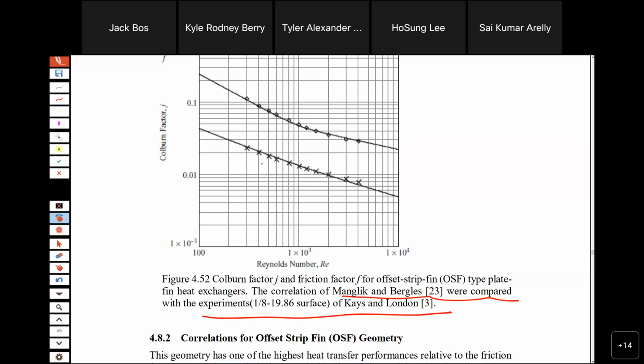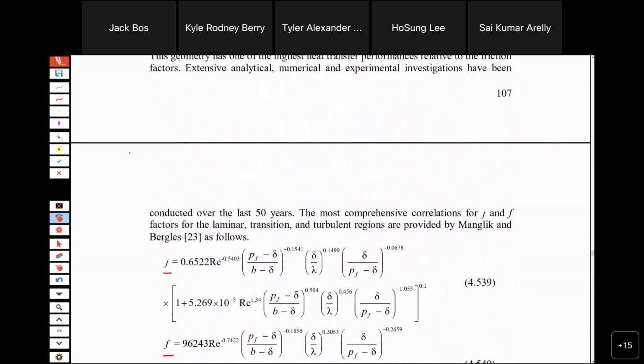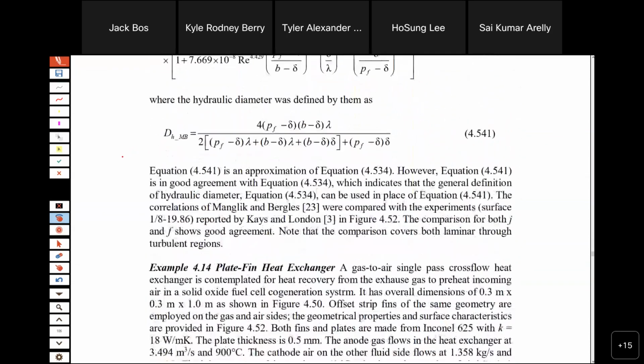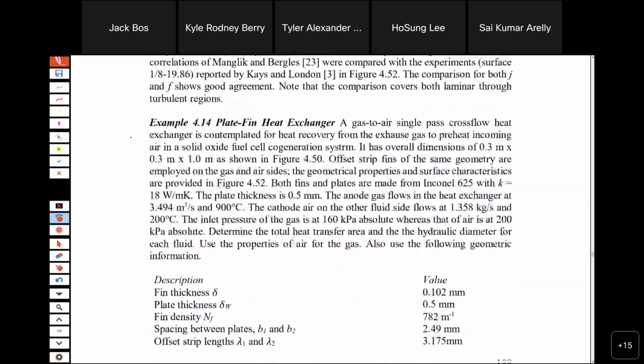It turns out a good agreement, Reynolds number and Colburn factor or something. So we're going to use this. This is an approximation. No, this is what we found, so we can use it.